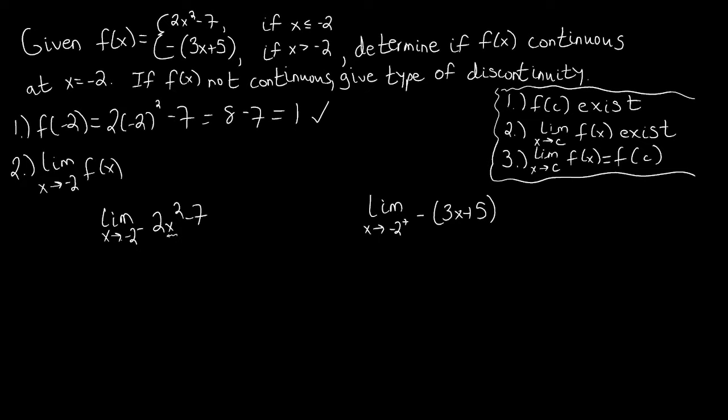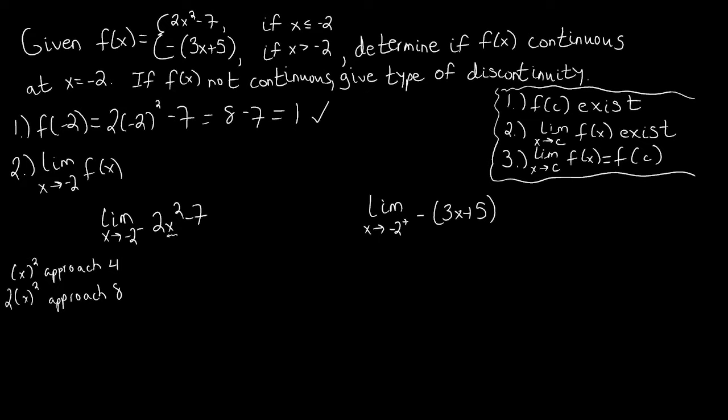As we approach -2 from the left, this x squared is going to approach positive 4. As we get arbitrarily close to -2, we're going to get a value closer and closer to -2 squared, which is 4. So then 2 times x squared, as x approaches -2 from the left, will also approach 8.